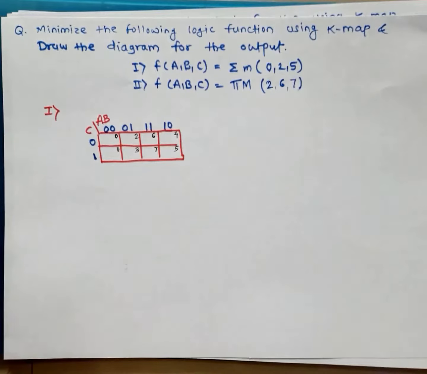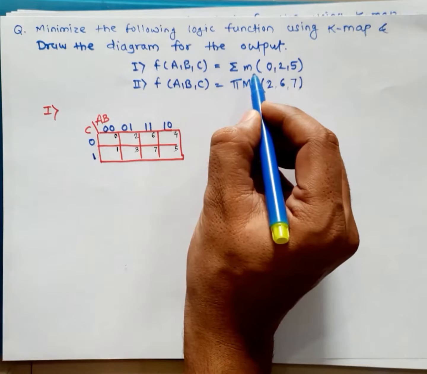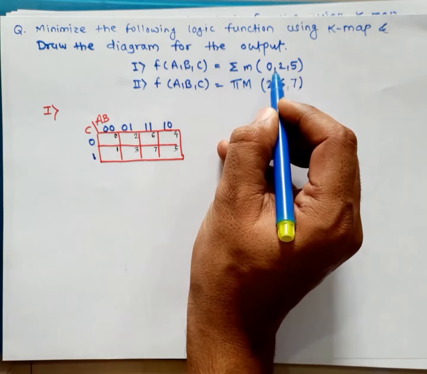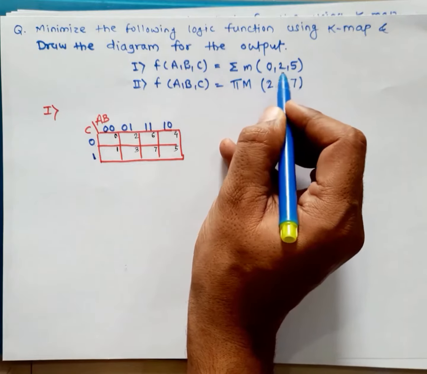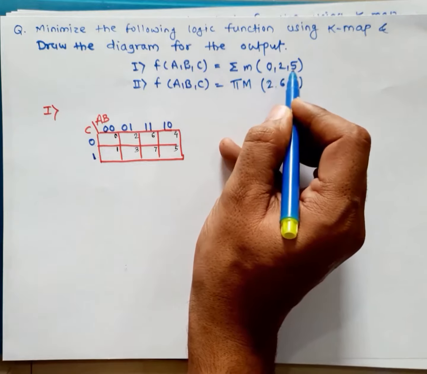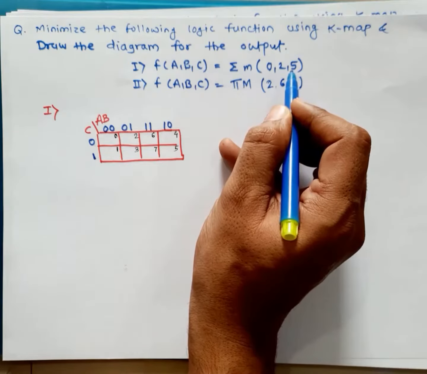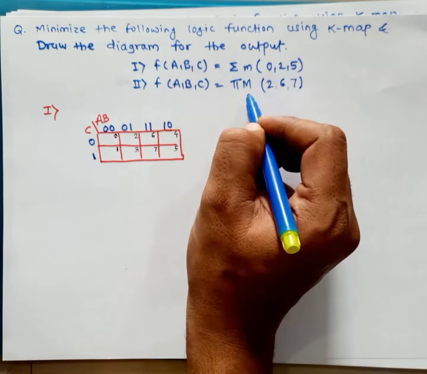Next step is, you need to mark the maxterms or minterms as per the given function. So the given function is in the form of SOP, so we need to mark the minterms. The second function is a POS function.